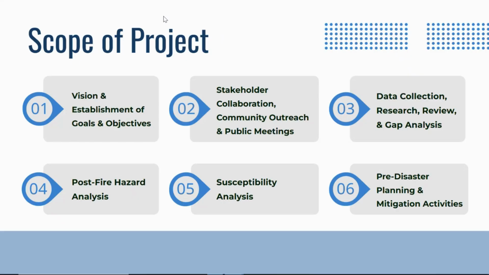So that $10 million came to the state, and the Colorado Water Conservation Board came up with this really innovative program that is one of the first in the country to look at these issues of wildfire and think about them before the fire happens, because usually we're in emergency response mode when a wildfire happens. And so towns might be impacted, but they haven't thought about it. They don't have plans. They haven't had funding to consider plans. And so the state really wanted to try to get ahead of the game on that.